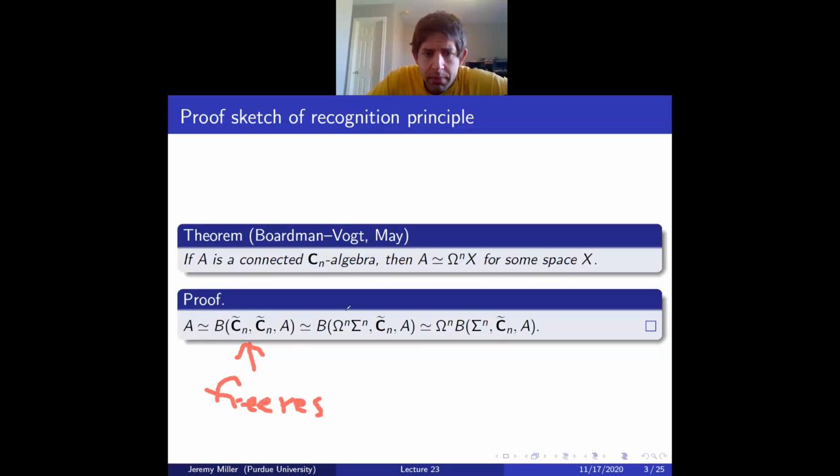And then this equivalence is like scanning. And then this step is somehow loops and geometric realization commute. So today we're going to be talking about these 2 equivalences, and Thursday we'll do the last one.